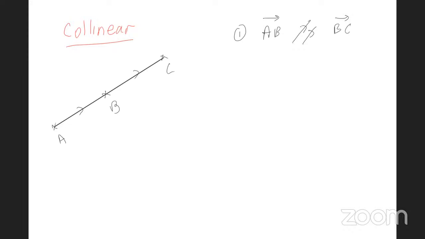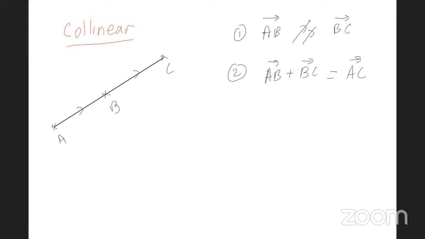And the second thing is that if you were to add up AB and BC and get AC, then collinear. So you have 2 things to do.